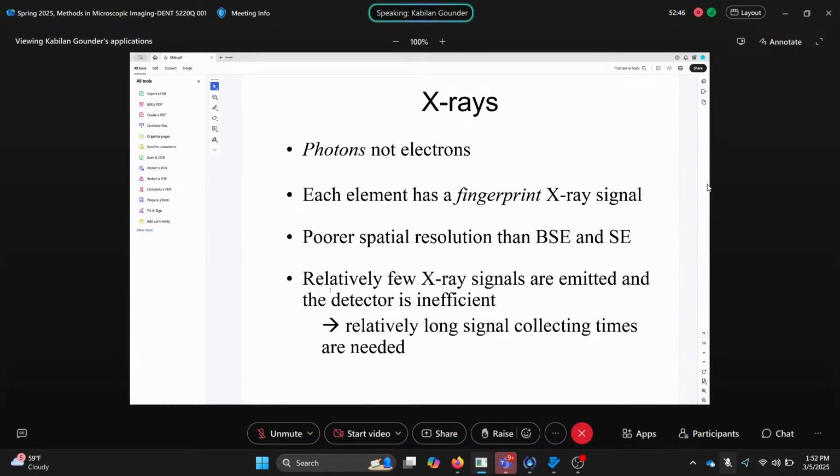Another signal is X-rays, which are photons, not electrons. Each element has a fingerprint X-ray signal. The X-ray signal has poorer spatial resolution than backscattered and secondary electrons, and relatively few signals are emitted and the detector is inefficient, so relatively long signal collection times are needed.